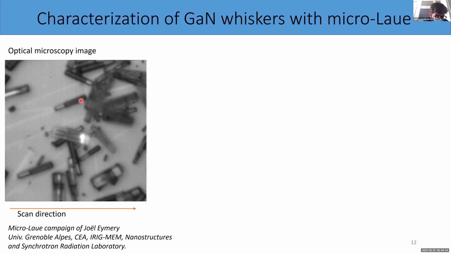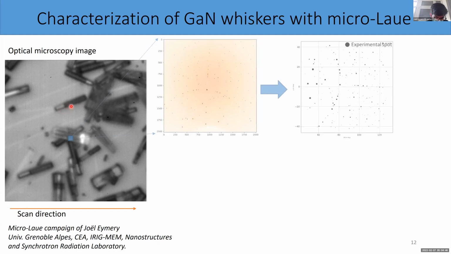And you have different character also for these gallium nitride microwires. You have a bright face and then a dark face, which depends on the way that they were grown. Since with Laue diffraction you can also spatially resolve the components, we'll also be able to see this heterogeneity between the bright and the dark face.